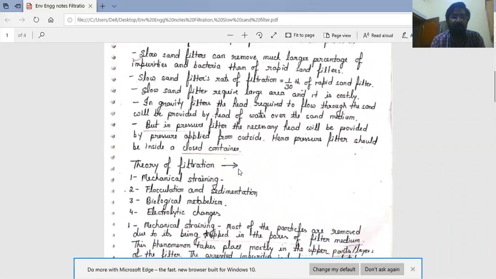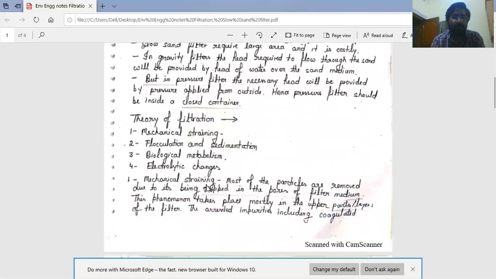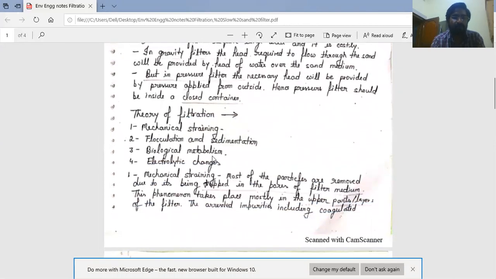There are four theories behind filtration. First is mechanical straining, second is flocculation and sedimentation, third is biological metabolism, and fourth is electrolytic changes.